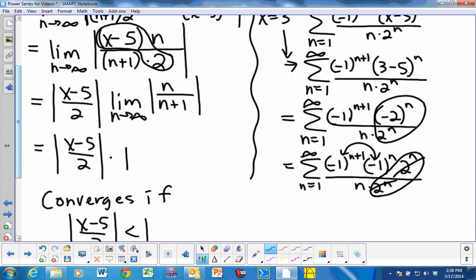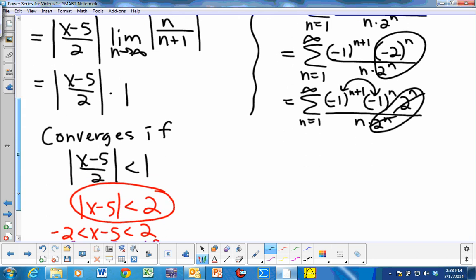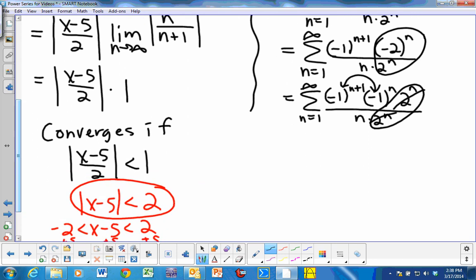When you're multiplying things that have the same base, you can add the exponents. So n plus 1 plus n would be 2n plus 1. We talked about this not very long ago: 2n is always going to be even, so 2n plus 1 is always going to be odd. If you raise negative 1 to an odd power, you're always going to get negative 1.